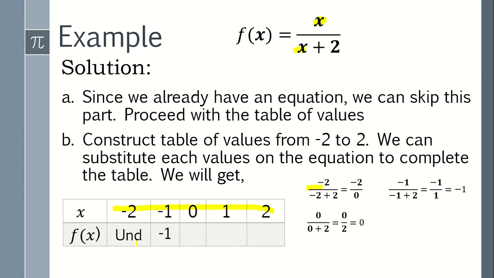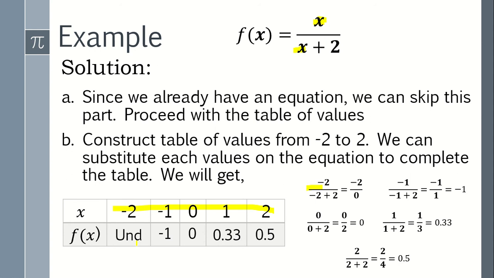0 all over 0 plus 2 is 0 divided by 2 equals 0. And then 1 all over 1 plus 2 is equals to 1 divided by 3 is 0.33. And then 2 divided by 2 plus 2 equals 2 divided by 4 is 0.5.